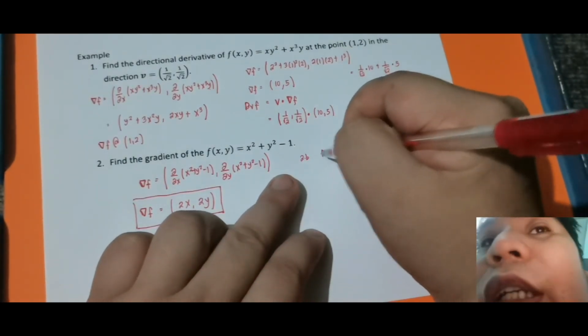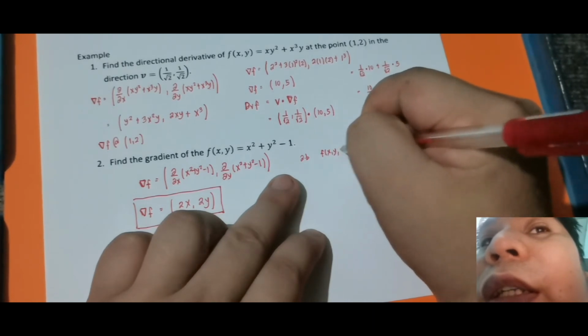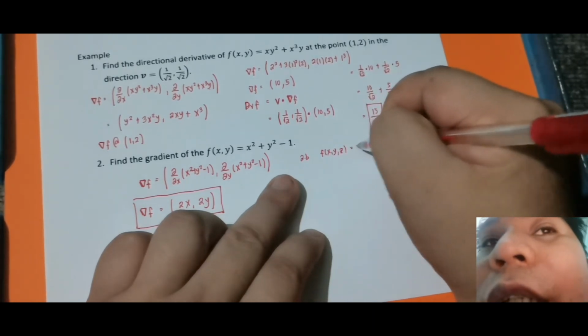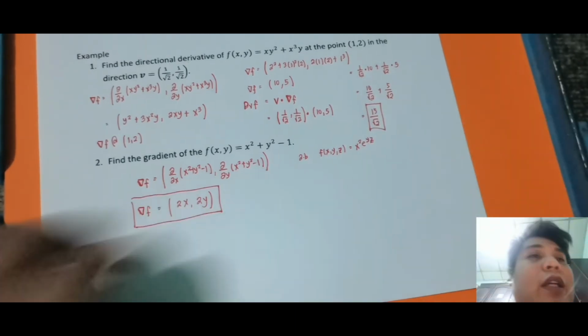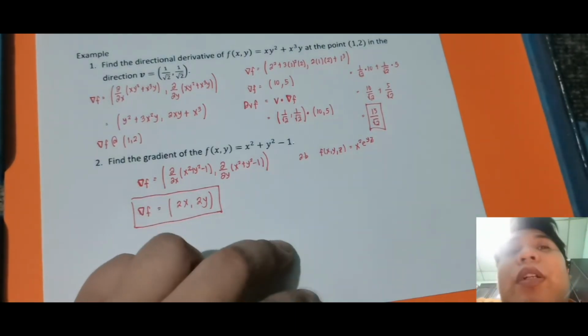So for example, for 2B, we have f(x, y, z) = x squared e raised to yz. For letter B, let's find del f, the gradient of f.